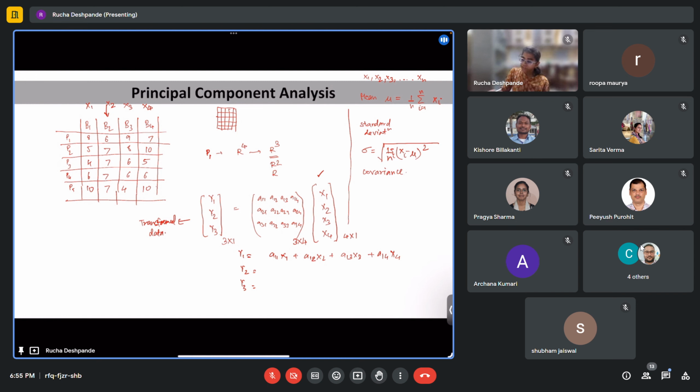Then we have covariance. So covariance measures how two variables change together.